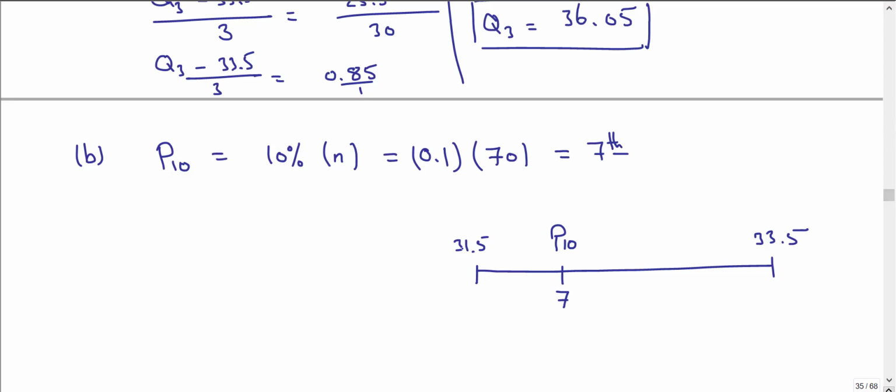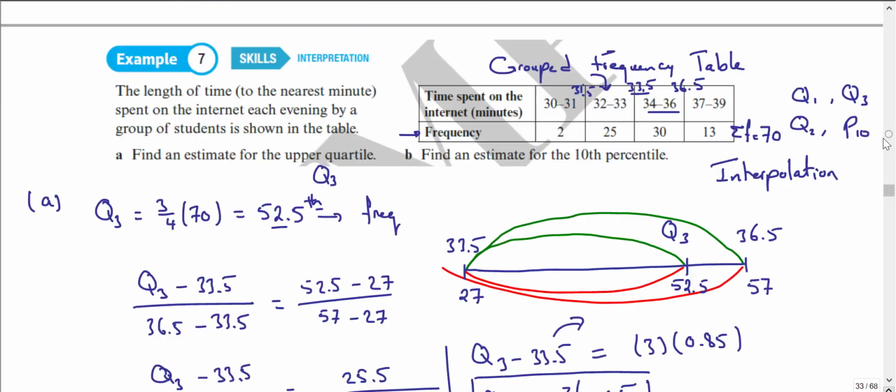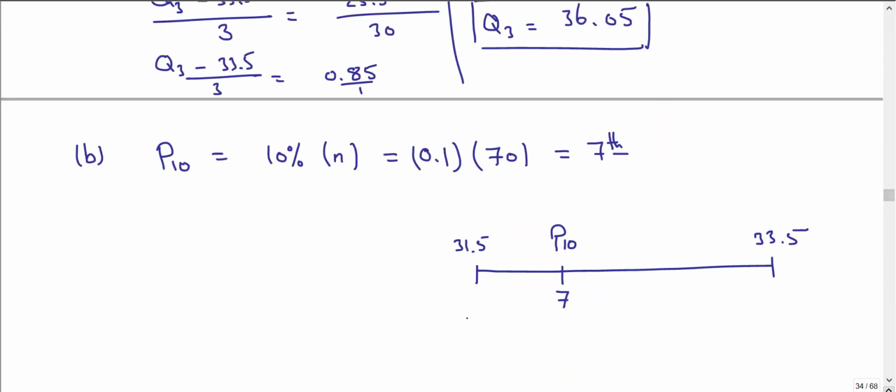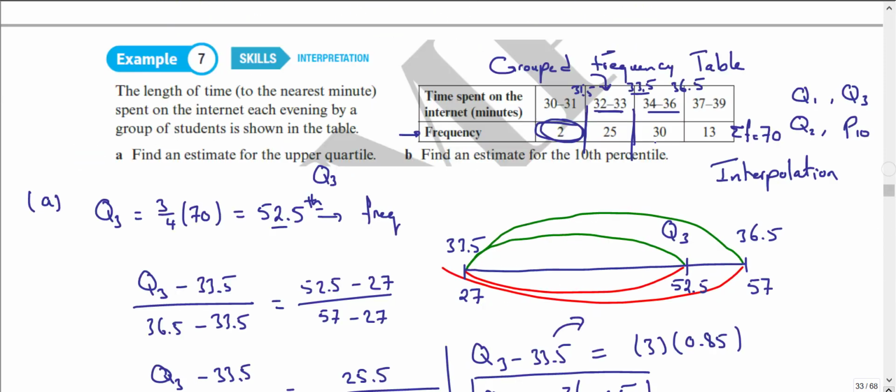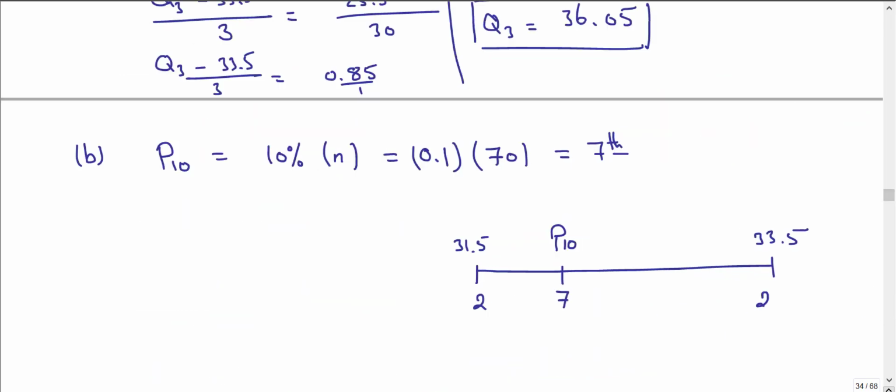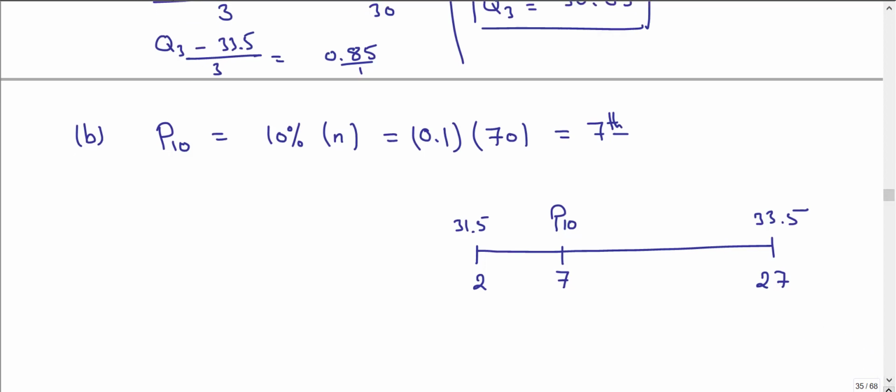For the frequencies of the class boundaries, again you draw a line like this, and a line like this. This is the required group. For the lower class boundary, choose the frequencies before it, that would be 2. And for the higher class boundary, choose all the frequencies before, that would be 27. Did you get this? How to do the interpolation?